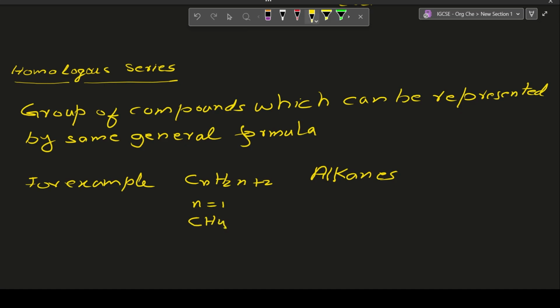This is called methane. This is the first member of the family of alkanes. If you put n equal to 2, you get C2H6, which is ethane. You can enter 3, it will be C3H8, that will give you propane.